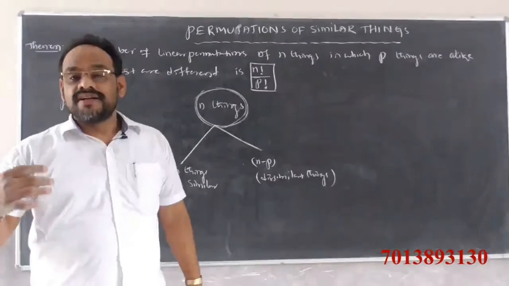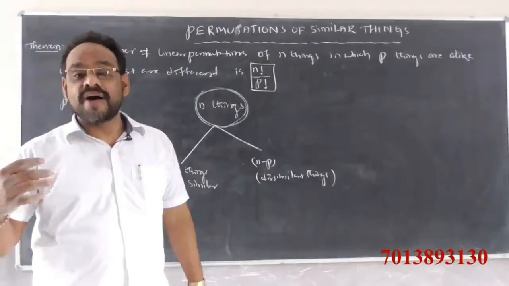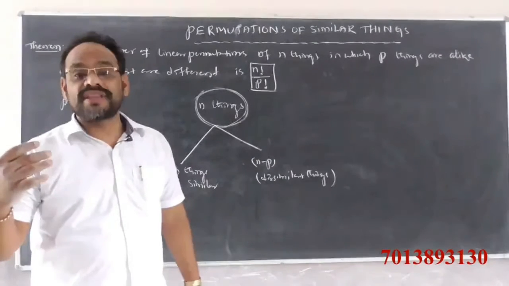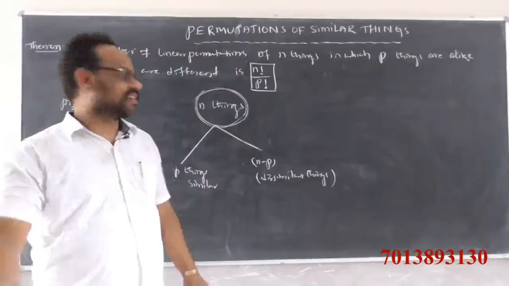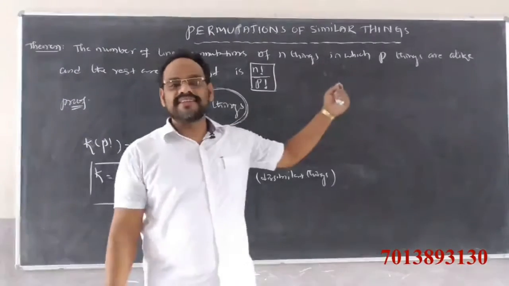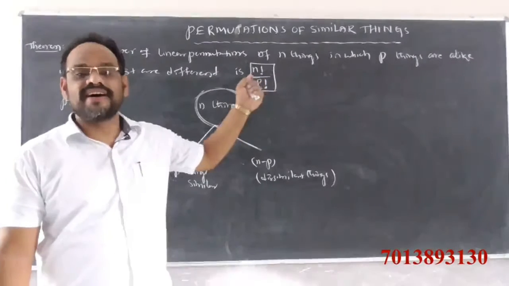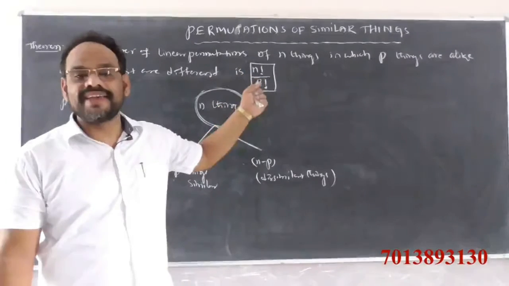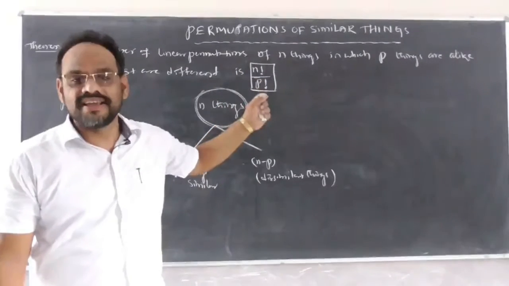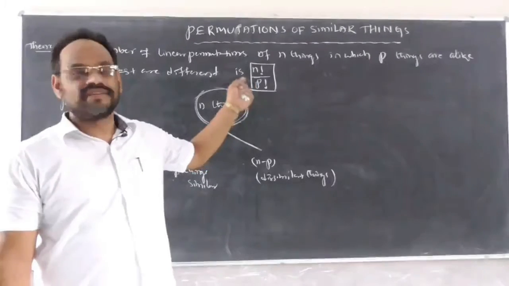the case when we have more than one set of alike things in the given things, by applying the theorem repeatedly, as given in the following.